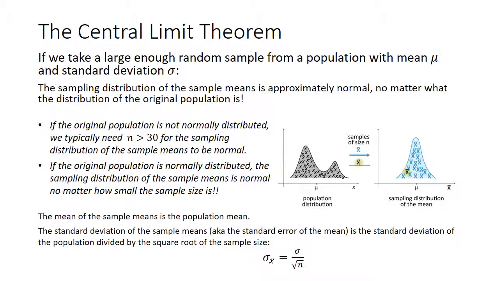The central limit theorem states that if we take a large enough random sample from a population with mean mu and standard deviation sigma, the sampling distribution of the sample means is approximately normal, no matter what the distribution of the original population is.